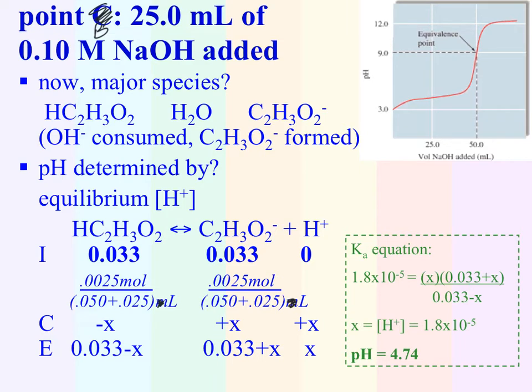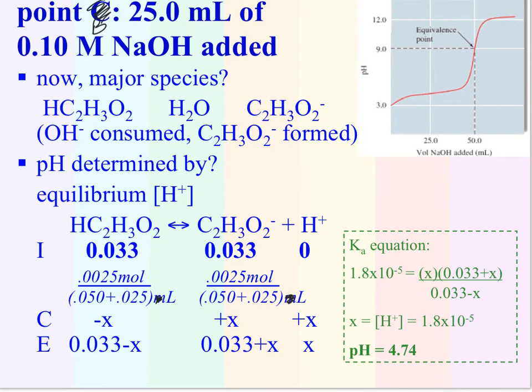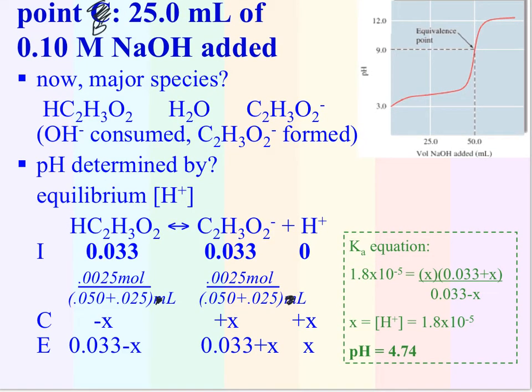Now, obviously we've used up all of the hydroxide ion that we just added. We're going to look at how acetic acid ionizes into the acetate ion and the H+. We take our ICE table, we set that up, we figure out the concentration of acetic acid and the concentration of acetate as we did in prior examples. Then we figure out our change in concentration and subsequently establish our equilibrium values.